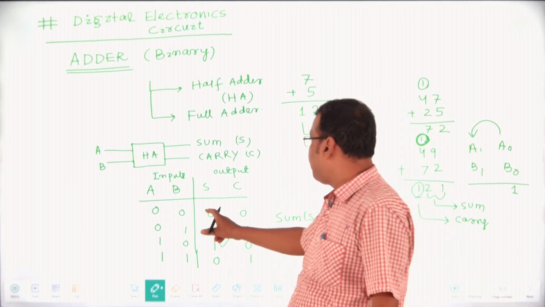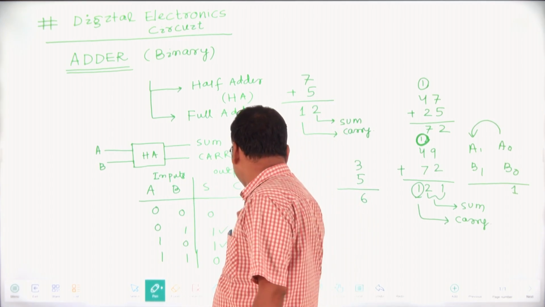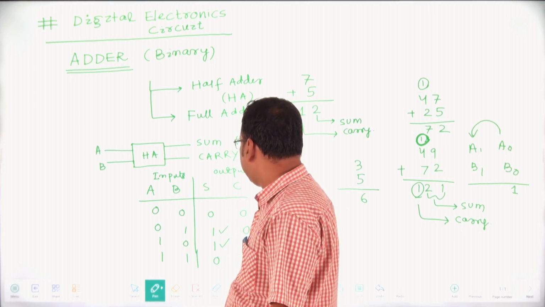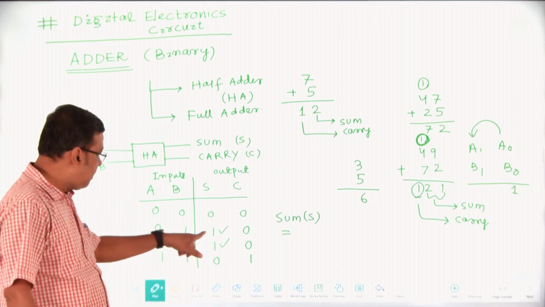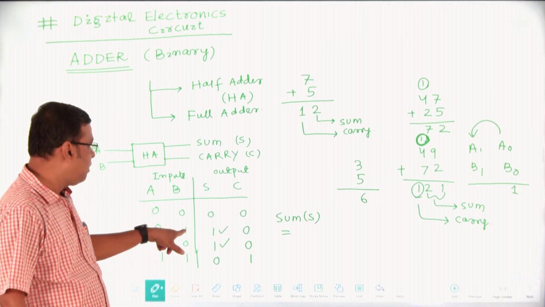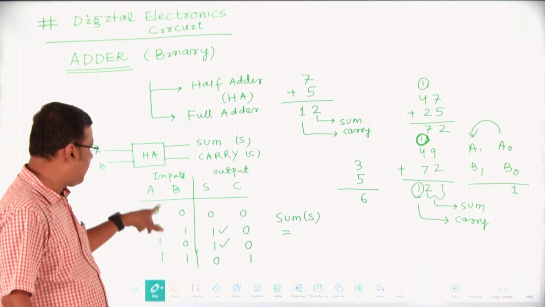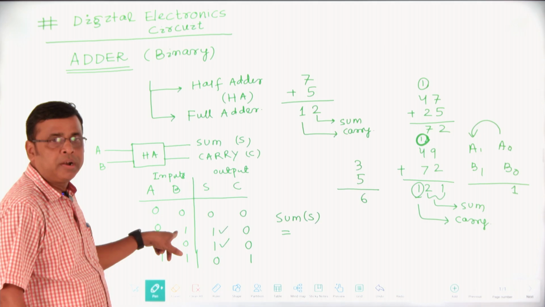In the half adder, with 2 inputs and 2 outputs, we write the Boolean equation for the output. For sum, the output is 1 in these two rows, and we note the corresponding inputs. 0 is for complement, 1 is for true value, so the min terms are counted.